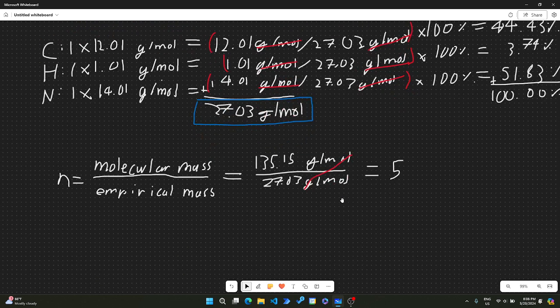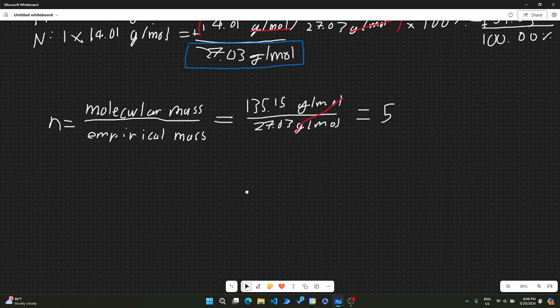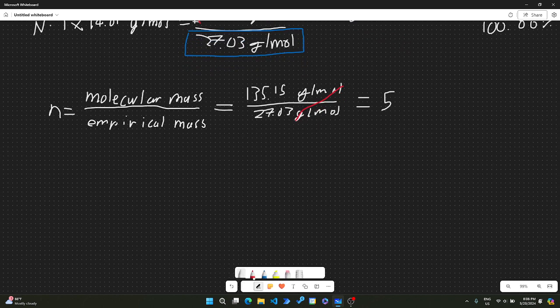If it's like 5.5, like when I accidentally put in 150.15, I think that I made an error. When I did that, I got 5.5, which just showed me that I was wrong, and it was 135.15 for our molecular mass.